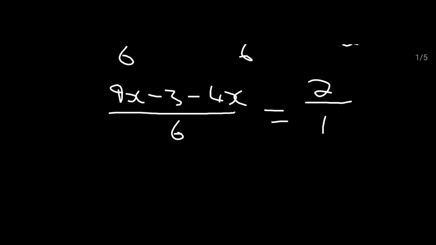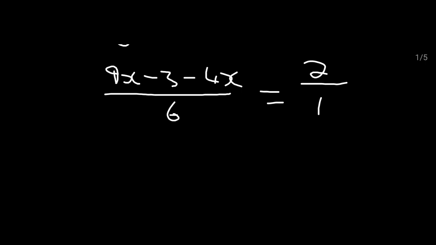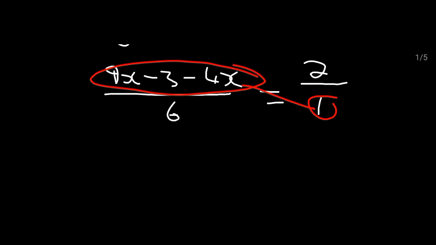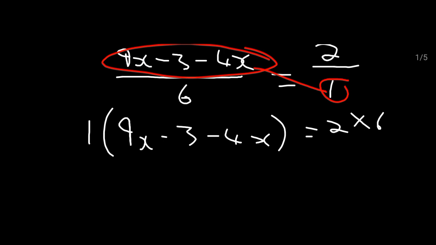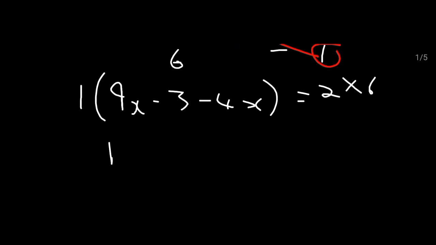So you multiply 1 by 9x minus 3 minus 4x, equal to 2 multiplied by 6. Anything multiplied by 1 remains the same, so 9x minus 3 minus 4x will remain the same, equal to 2 multiplied by 6, which is 12.